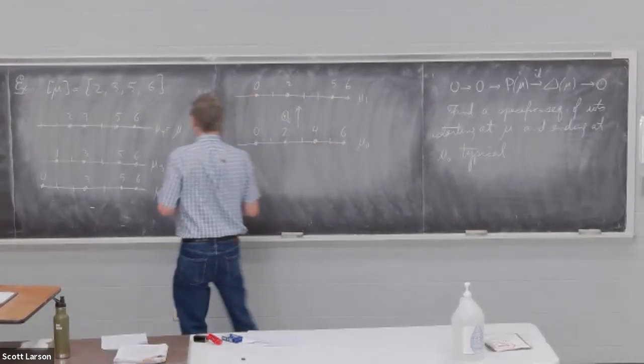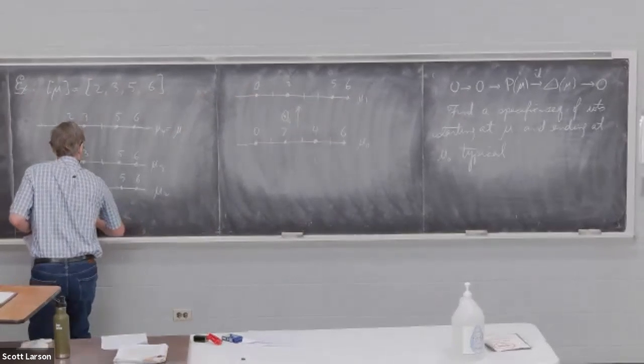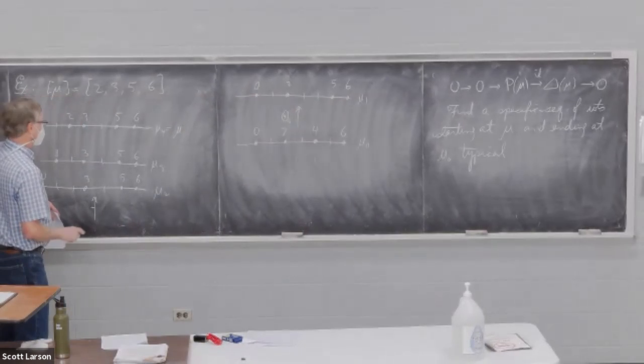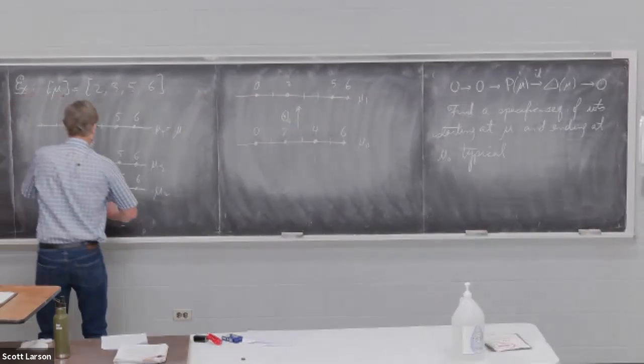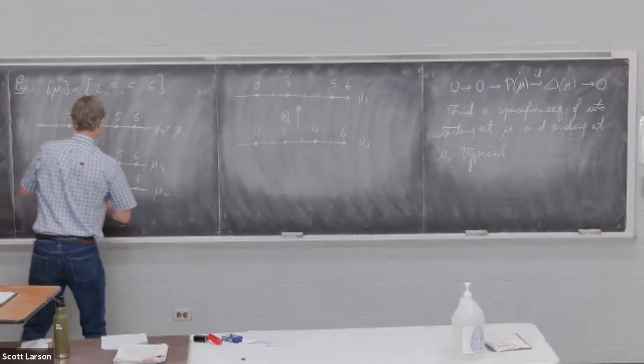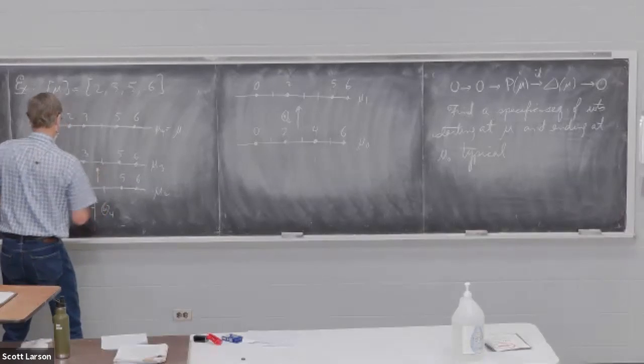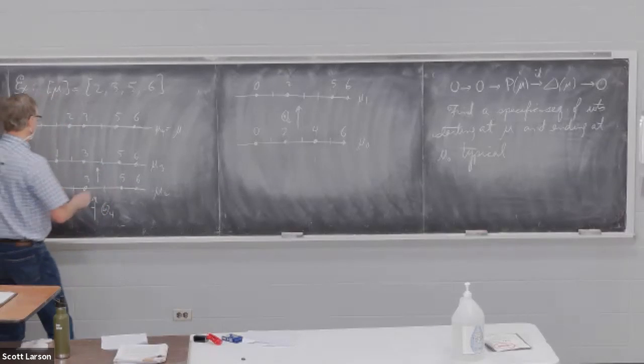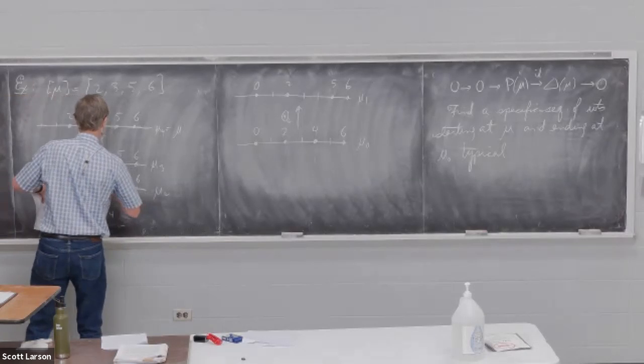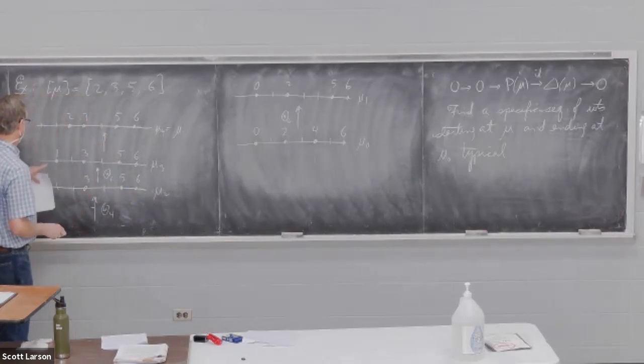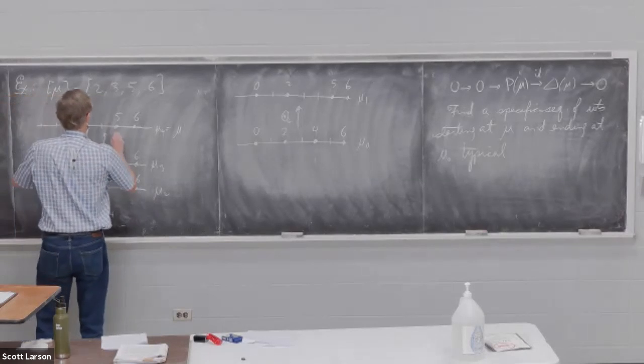So that's a theta 6. And then we have 2 moved over to 3, so that should be a theta 4. Here, 0 moved to 1, so that's a theta 2. 1 moved to 2, that's theta 3.